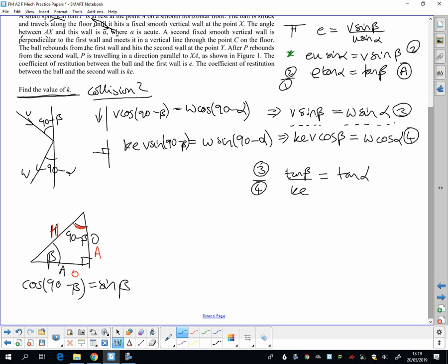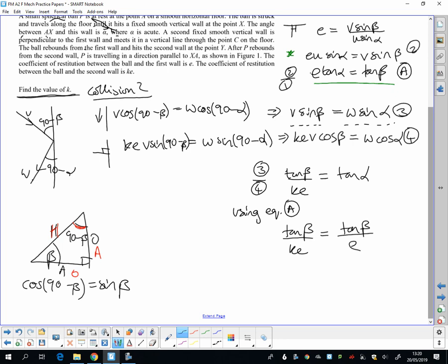Right, if I have a look now and substitute in my equation A from up here, I know that tan alpha is the same as tan beta over ke, and tan alpha is also tan beta over e.